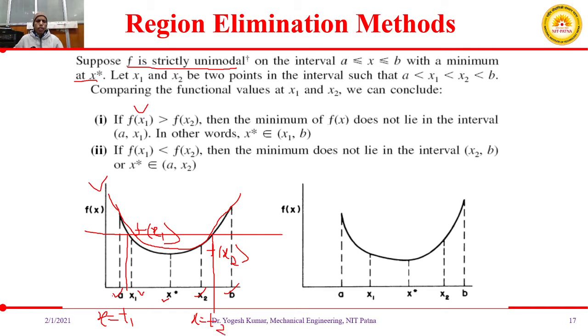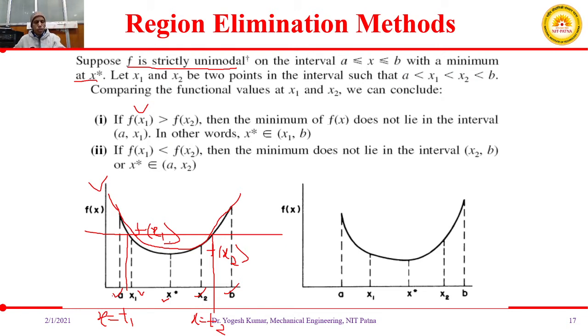Here we can see, since these two heights are the same, the value of function f(x) is the same at these points, x equal to t1 and x equal to t2, which is an obvious property of your unimodal function. So we can work on either side of your unimodal function.